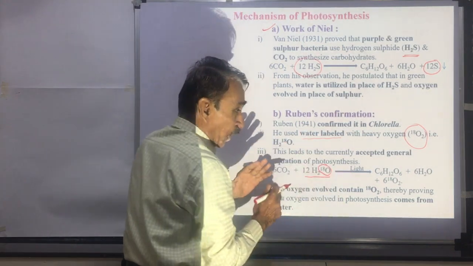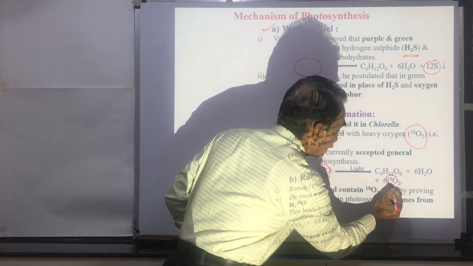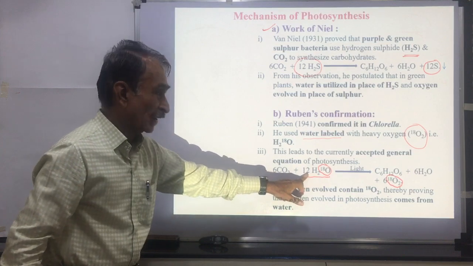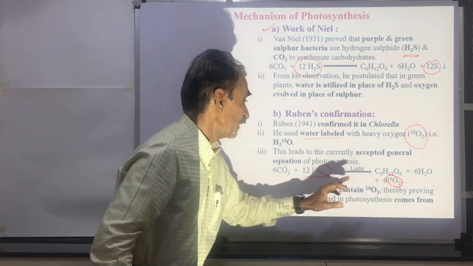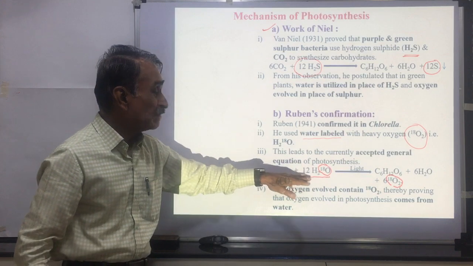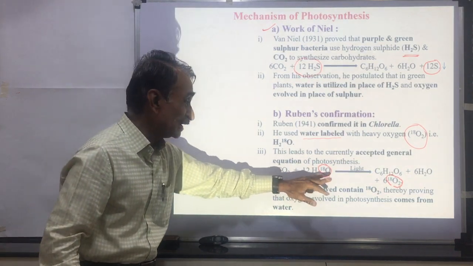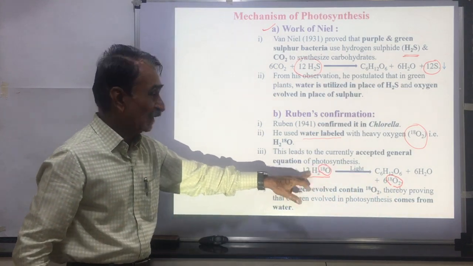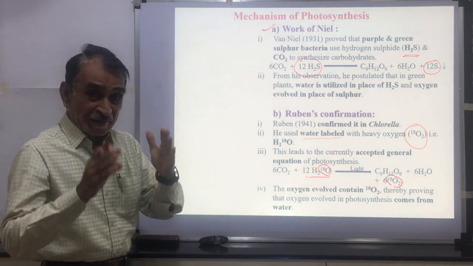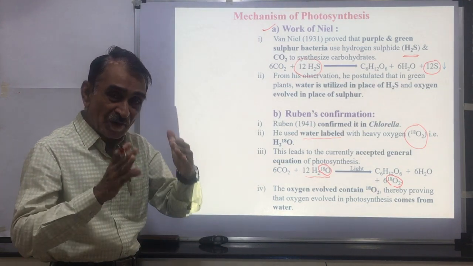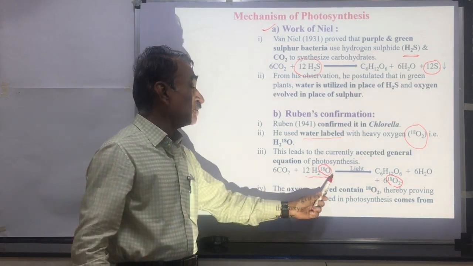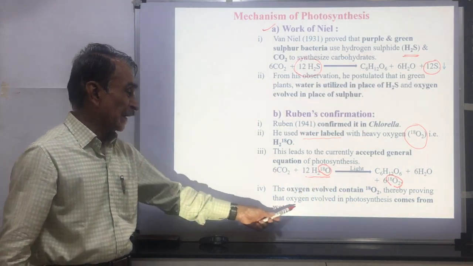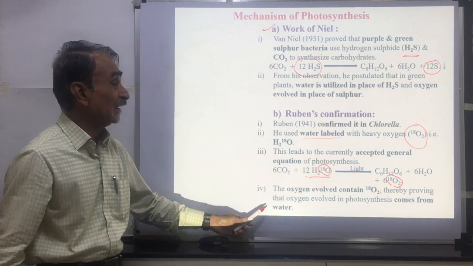Then in the product, you can see there is heavy oxygen too. It means the oxygen which is evolved comes from the water. 18O is present in the water, and 18O is present in the O2. Thereby it proves that oxygen evolved in the process of photosynthesis comes from water.